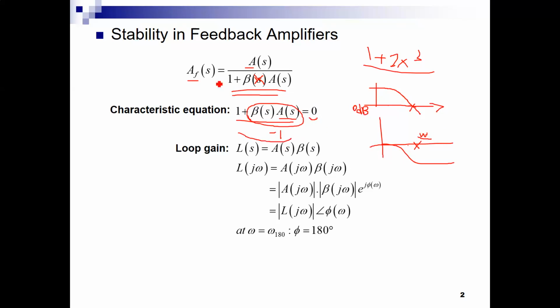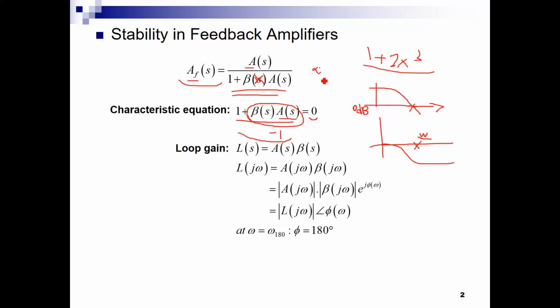And if it hits 0, my gain will become infinite, and my circuit is not stable. Now, if this omega happens to be within the range of frequencies I'm interested in for my design, I have to redesign my amplifier so that I have enough margin not to fall into this issue.